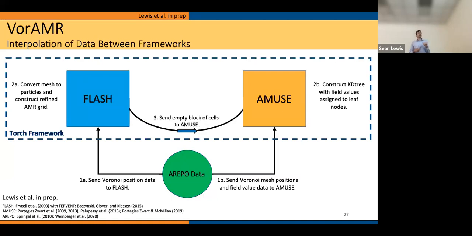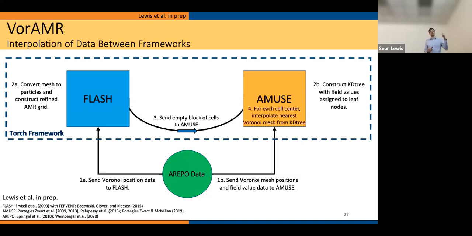So then at this point, Flash has this empty computational domain of this refined grid that looks like the same structure as the Arepo data. And then it goes through block by block and sends Muse an empty block one at a time, with empty data cells within that block that Muse can then fill.